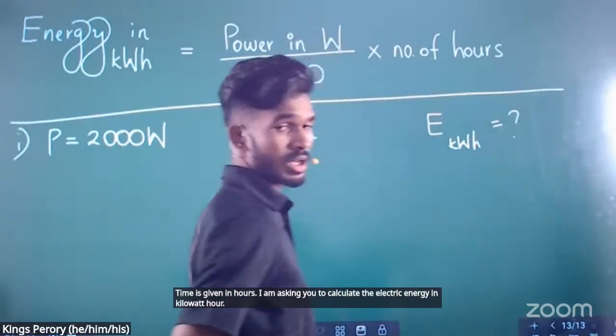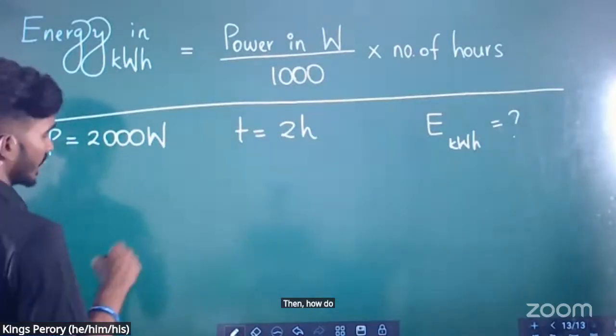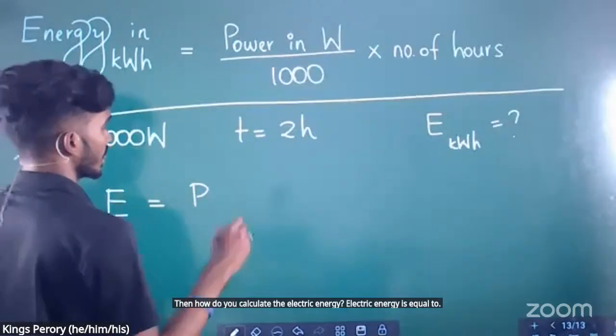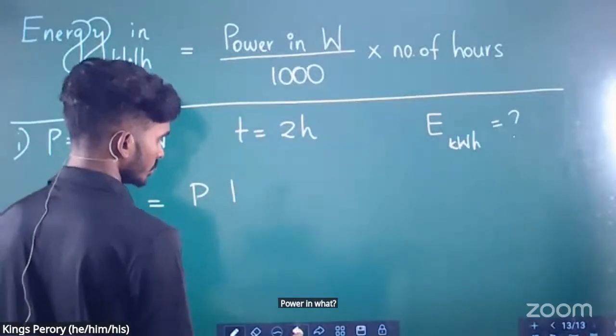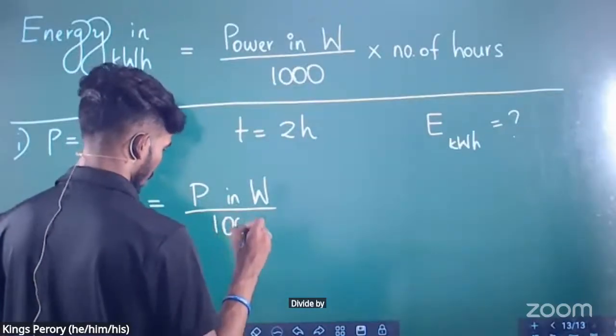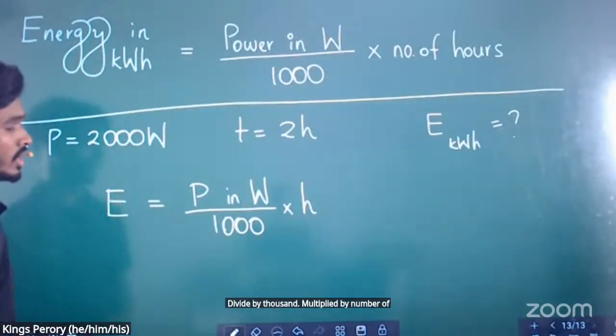Then how do you calculate the electric energy? Electric energy is equal to power in watt divided by 1000 multiplied by number of hours.